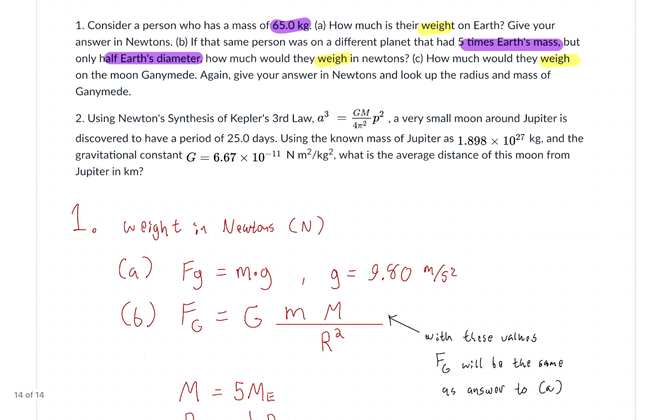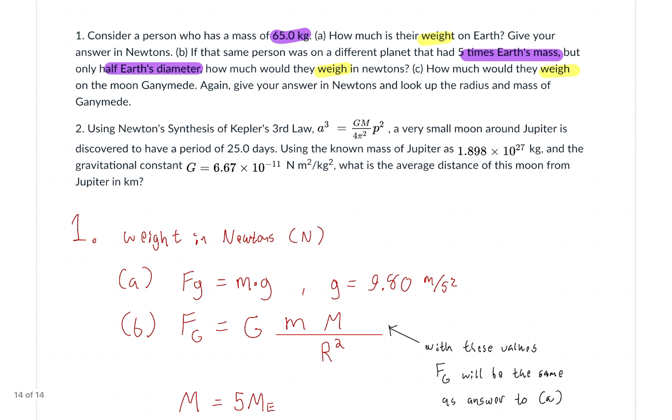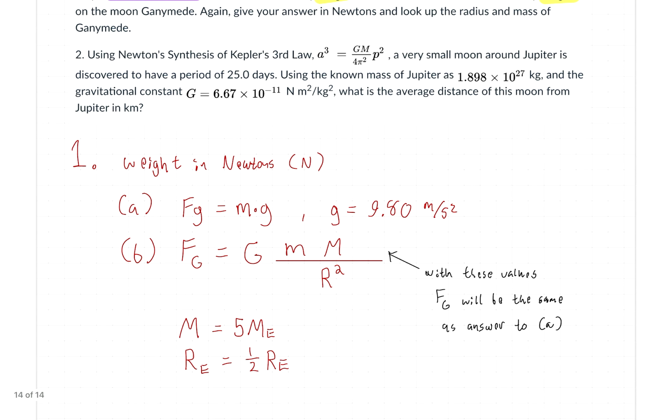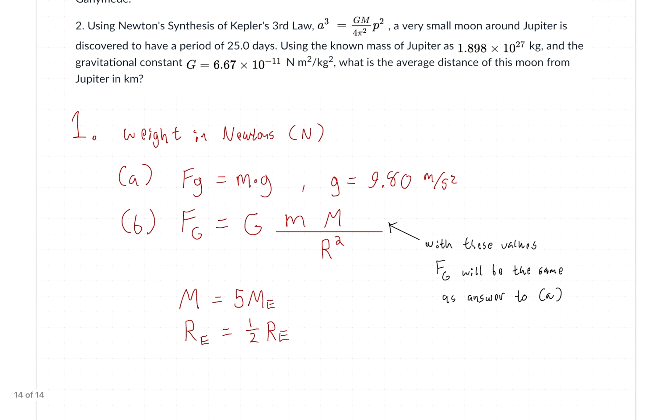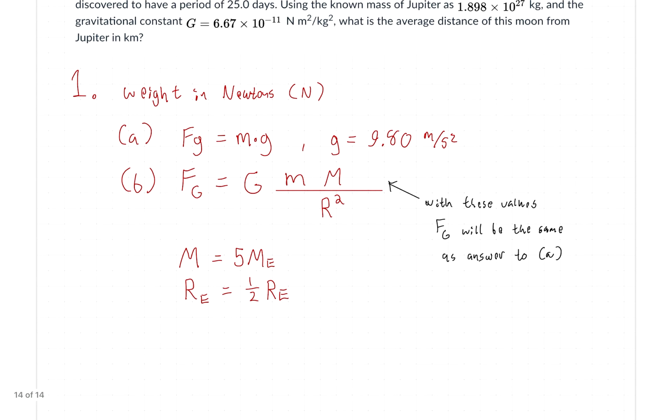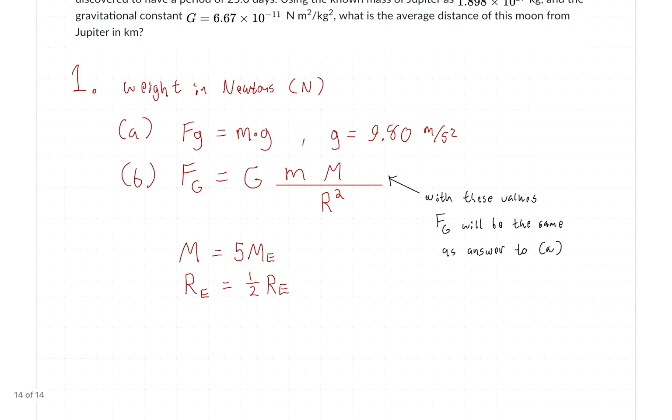You're expected to look them up, and then you will be able to calculate the force in newtons. The answer you get should be larger than the weight on Earth, larger than A, because this dense planet would make everyone feel heavier. They'd be pulled down more.